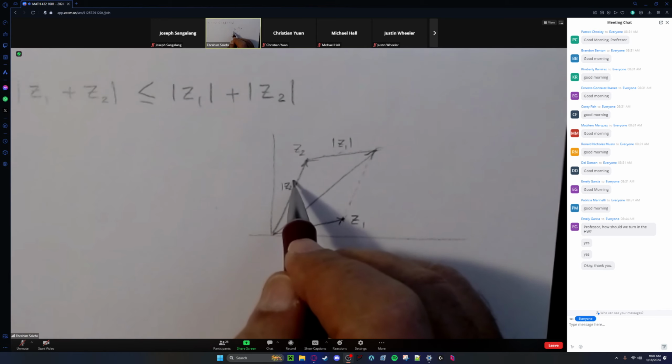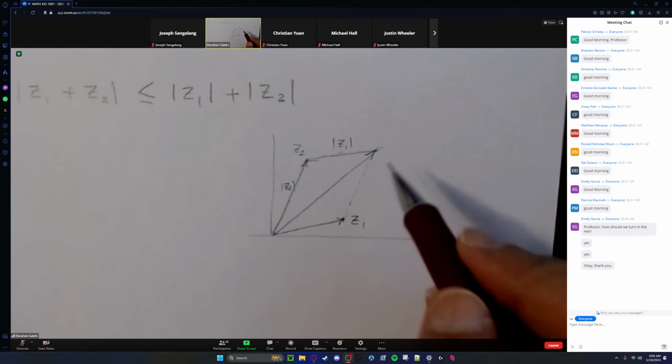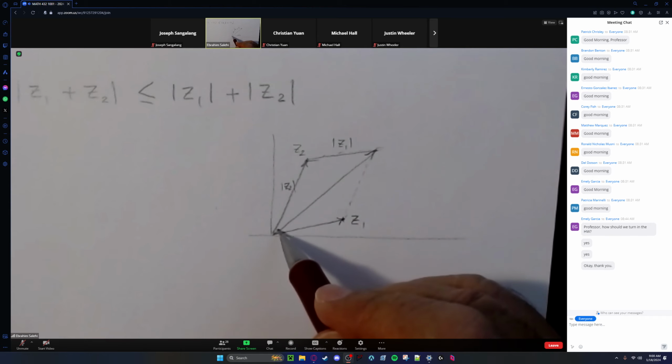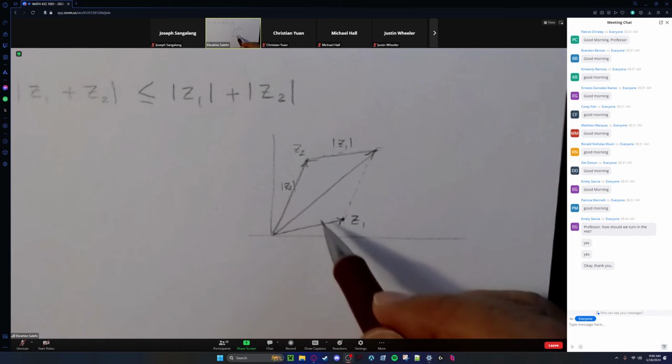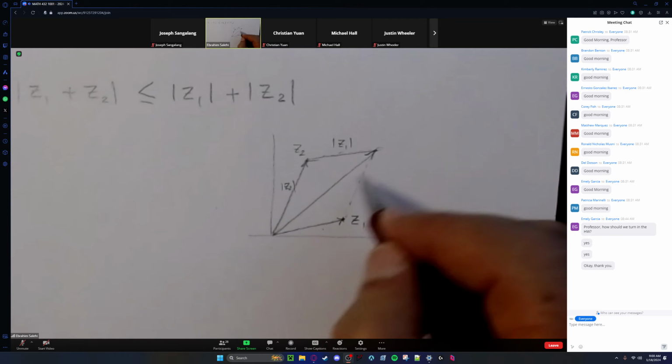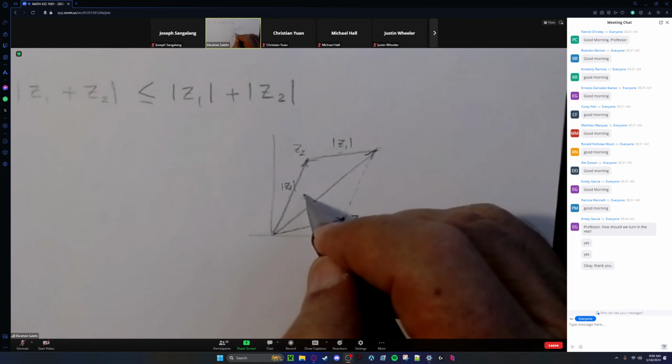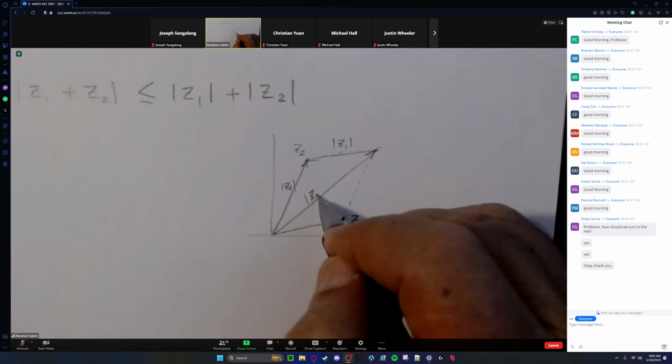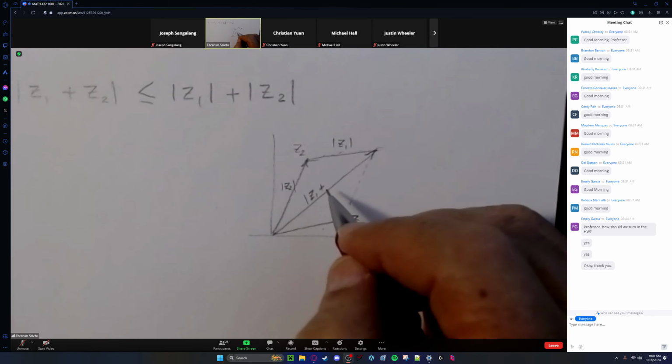And this is z1 plus z2, right? When you have two vectors and you add them, you get this. So the length here is the modulus of z1 plus z2.